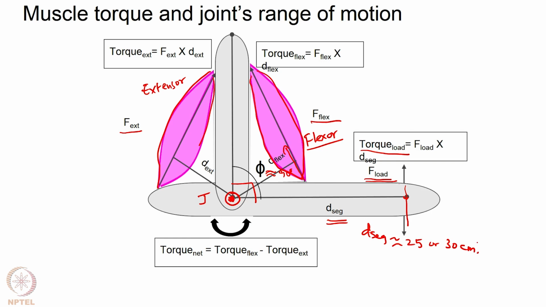So, if I had a 10 kg mass, then I am talking about the load being 10 into 9.81, or essentially 98.1 newtons, times 30 centimeters. That is approximately 294 Newton centimeter. Note the unit, it is not Newton meter, Newton centimeter in this case, right.